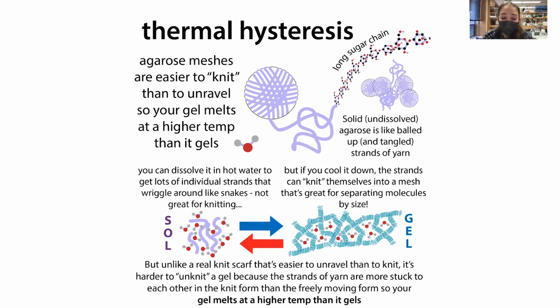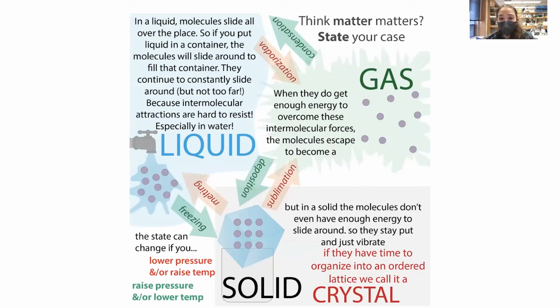You're probably familiar with the idea that the amount of energy molecules have determines what state they're in, whether solid, liquid, or gas, depending on the molecules and how sticky they are for one another. Because you have to add energy to get them to overcome the attractions to one another, you add energy to a solid and get a liquid, you add energy to a liquid and get a gas.